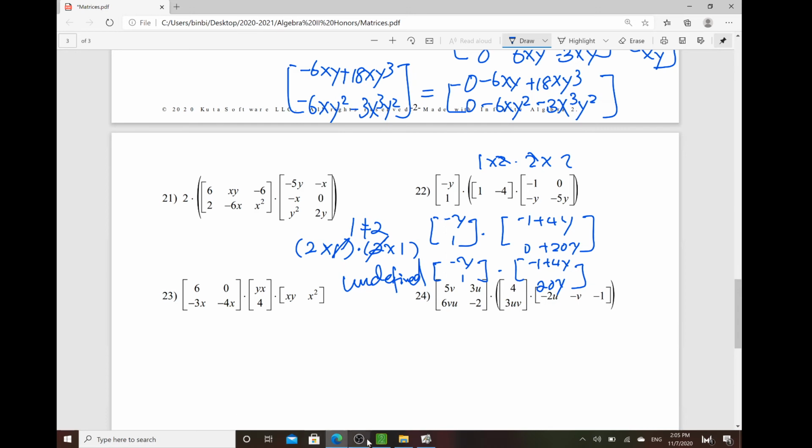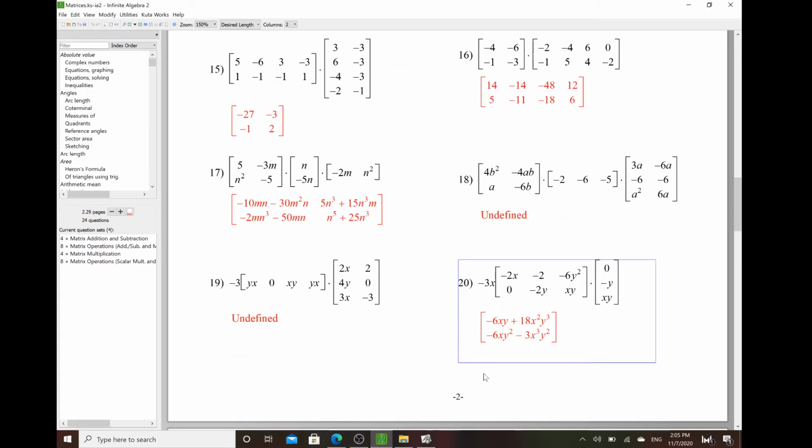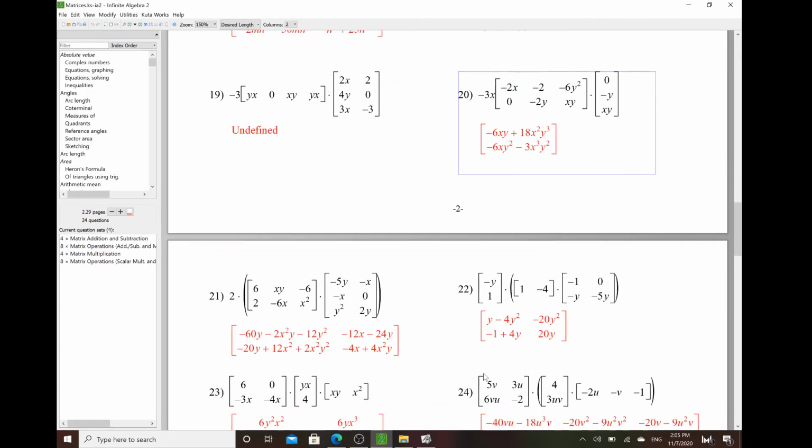Okay, so for number 22. Wait, number 22 is actually multiplicable. But why? Okay, so row times column, so 1 by 2, 2 by 1. Okay, let's see.